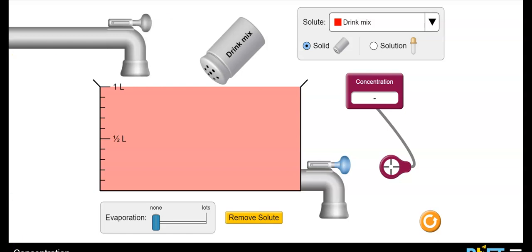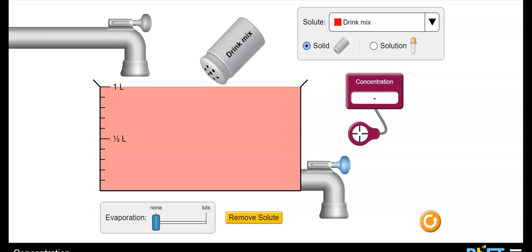Before we go on, visually it looks like the solution is lighter, lighter meaning dilute. Before it was 5.5-something molar. After I add all that water, let's see what happens. Oh, we got a much lower concentration now. So diluting means decreasing concentration, and we do so by increasing the amount of the solvent.